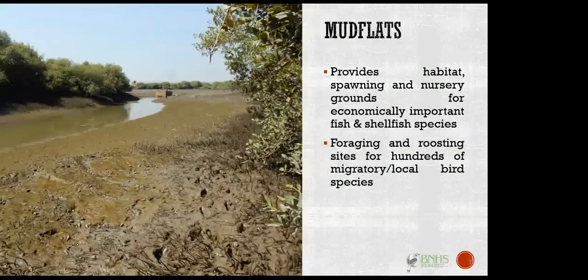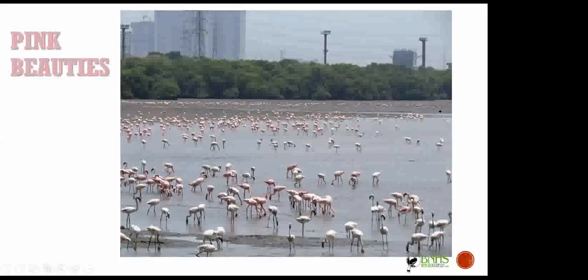And these areas are also foraging and roosting sites for hundreds of migratory birds and even the local bird species. We can also see some oyster beds or bivalve species lying along these mudflats, which are important food sources for local people.